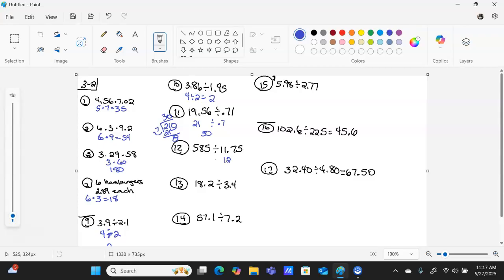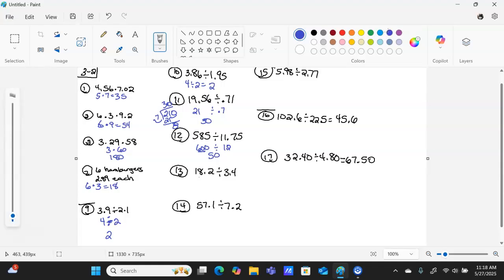Here, I'm going to call that 12, and I need a multiple of 12 for that 585. And if I do 600, because 60 is divisible by 12, that would be 50. So notice here, on both of these, I looked with the divisor and then worked back to the thing I was dividing into.